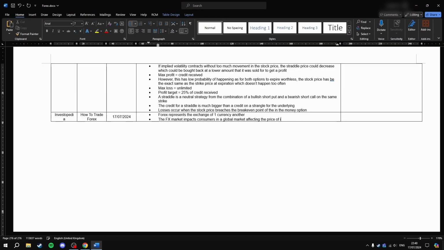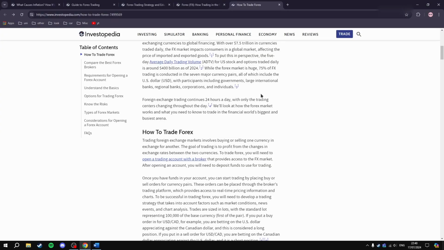To put this into perspective, the 5-day average daily trading volume for US stock and options traded daily is around 400 billion US dollars as of 2024. While the foreign market is huge, 75% of FX trading is conducted in the 7 major currency pairs, all of which include the USD, with participants including governments, large international banks, regional banks, corporations and individuals.